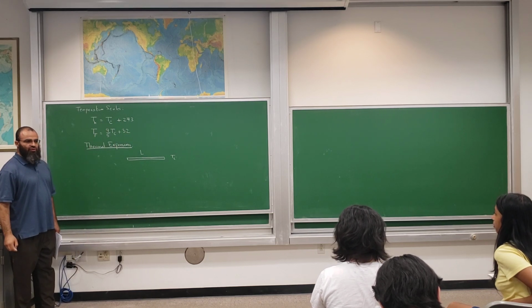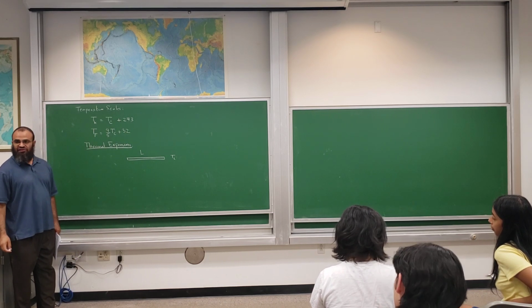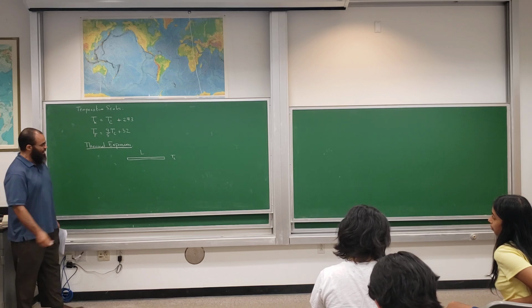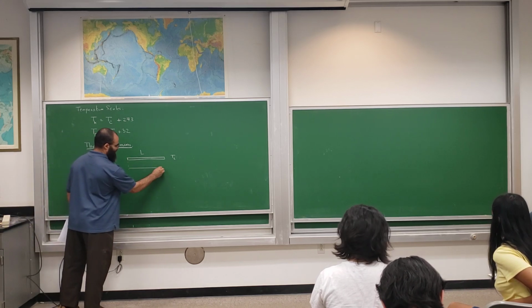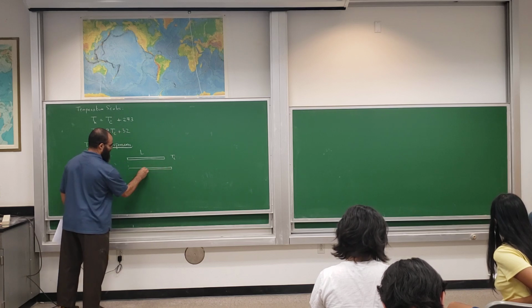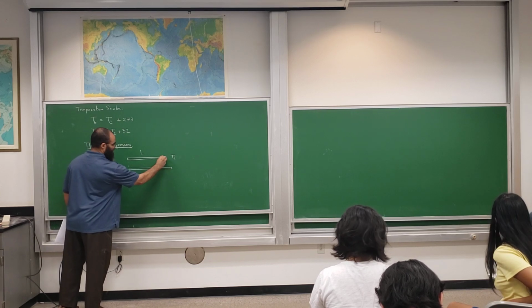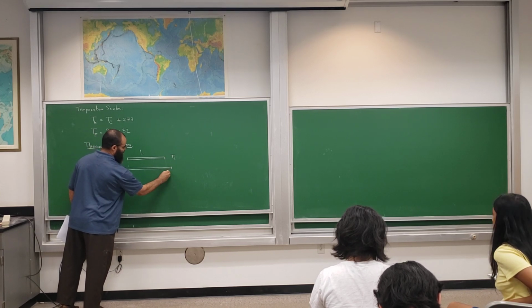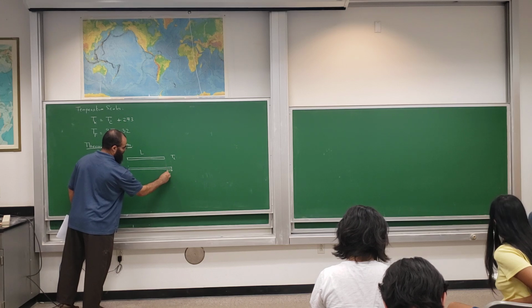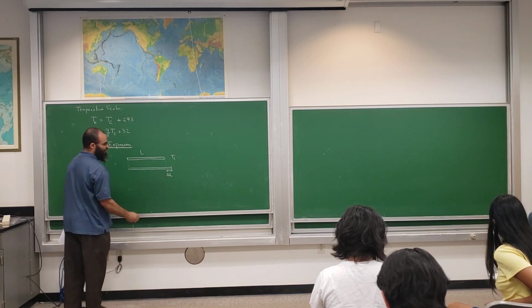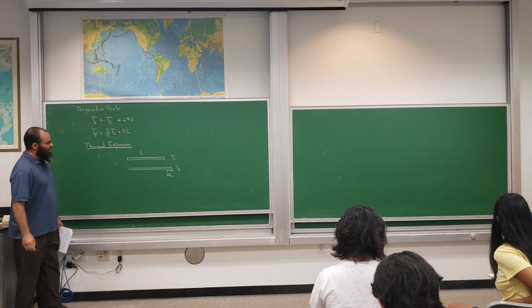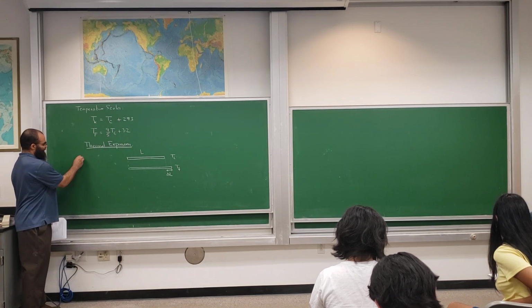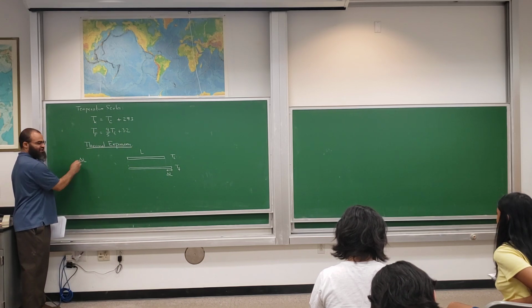I increase the temperature of the rod, so the rod gets slightly longer. Okay? And you have to do this experimentally. So here's the rod, but now it's a slightly longer rod. It's longer by this much, delta L. And this is T final.